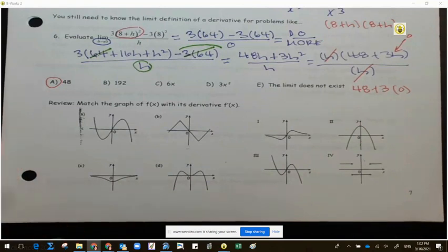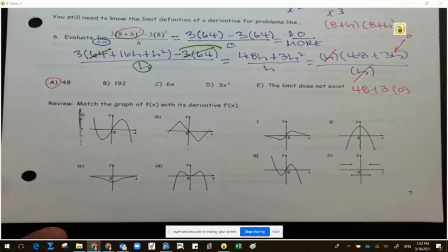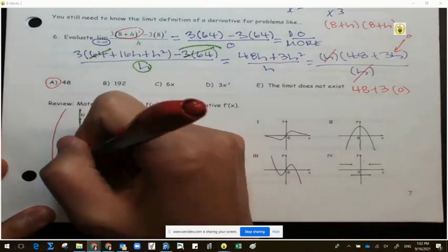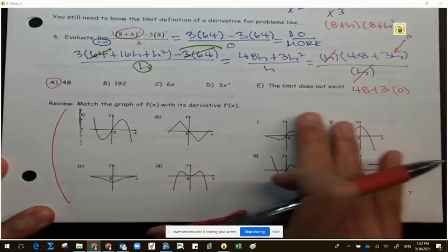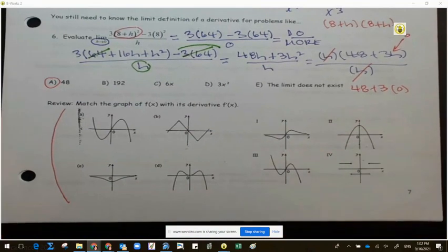That's a problem. Yes, ma'am. Yep. All right. Let's match the original function to the derivative with the neighbor for about a minute.